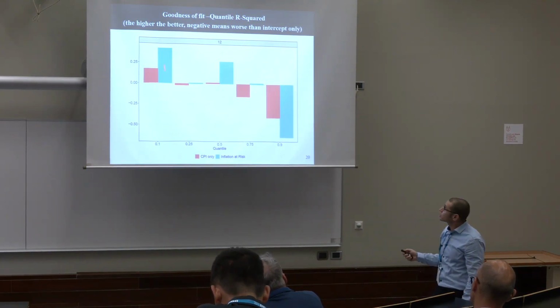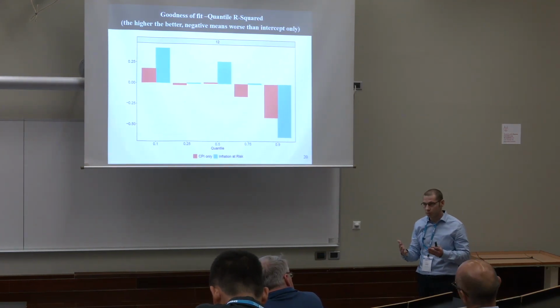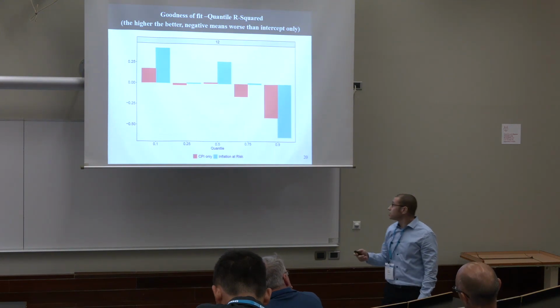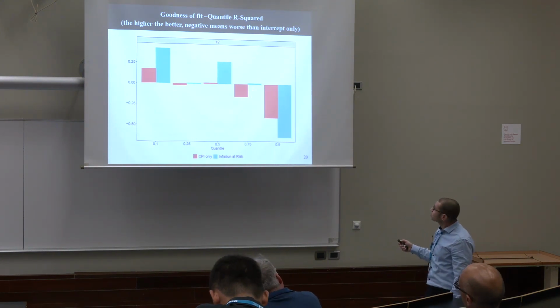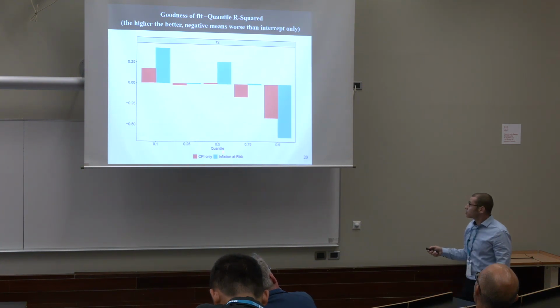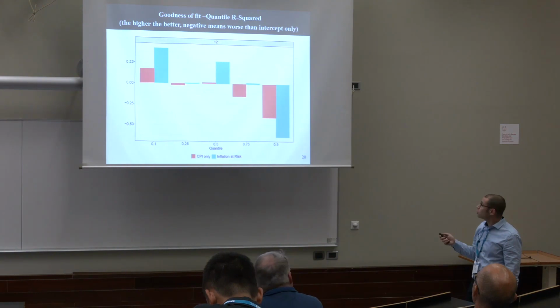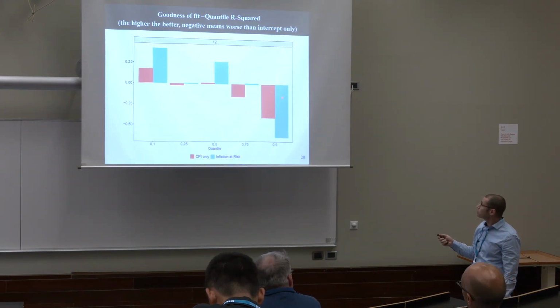So we want to be as high as possible, and negative bars mean that the model is underperforming relative to an intercept-only model. And what you can see here is that up to the 75th quantile, the inflation at risk does outperform a CPI-only model. Sometimes they come quite close. The inflation at risk underperforms in the right tail of the distribution, and they are both severely underperforming the intercept-only model.